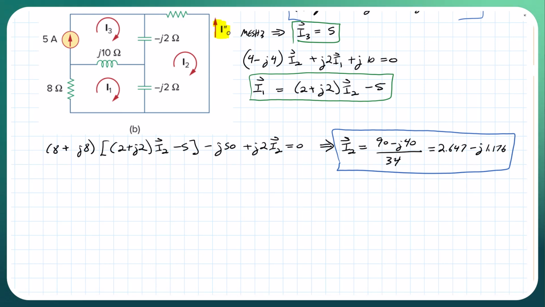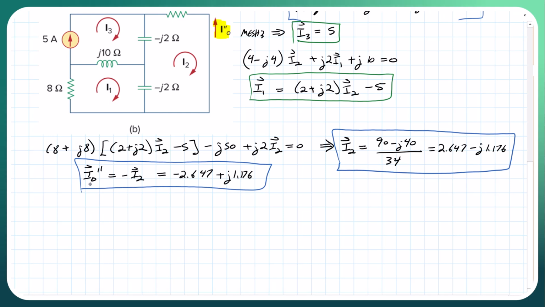So I naught double prime is really minus I2, which is minus 2.647 plus j1.176. Actually, I should have just highlighted this, because the signs change, and that will make a difference when you're doing the polar coordinate system, because then the angle will also change.